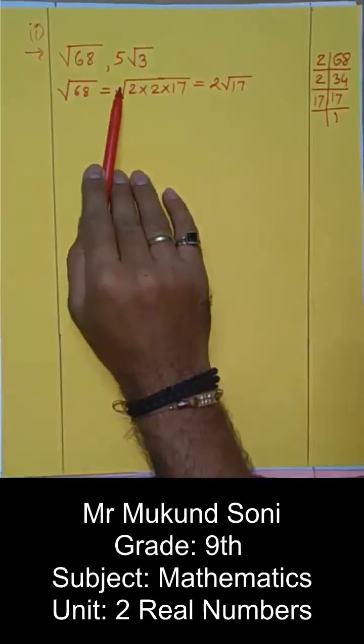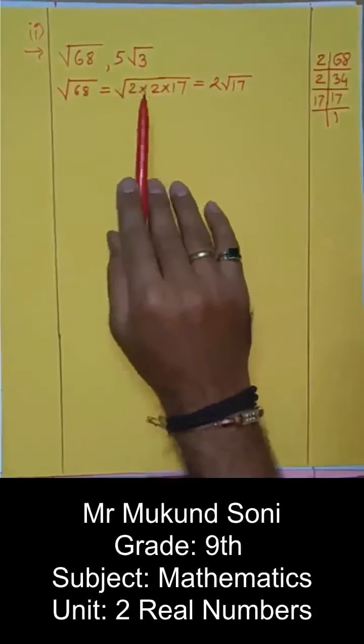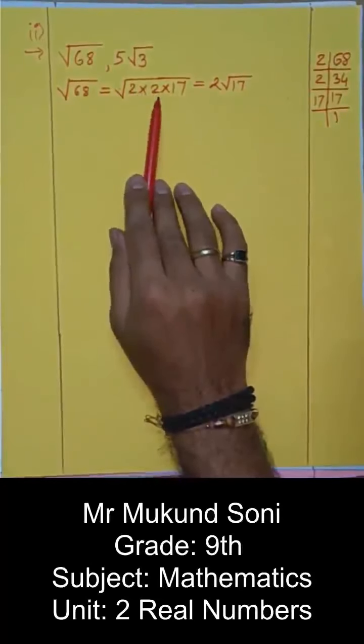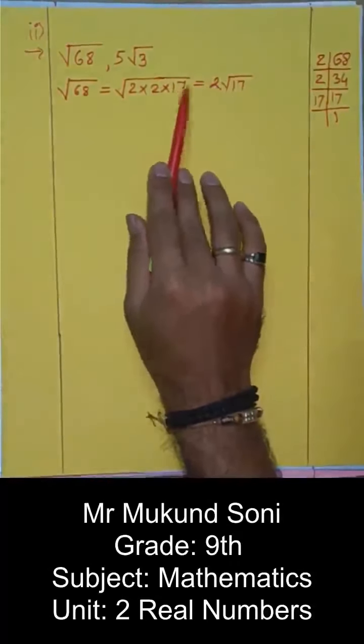Yes students, what is it? What do you consider? 2. Yes, correct answer. And that's why the radicands which are in the group of 2's, like these 2 appearing 2 times, so I can take one 2 outside, I will keep the 17 behind.